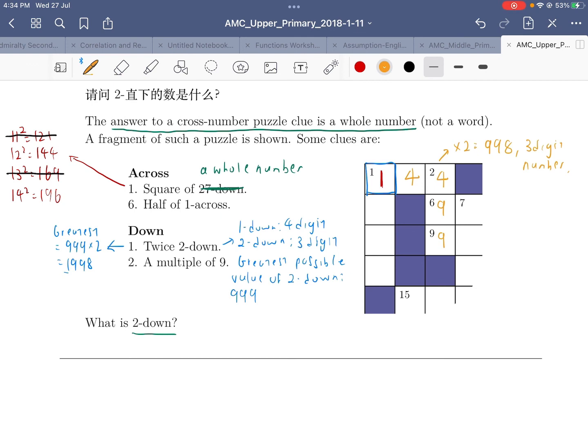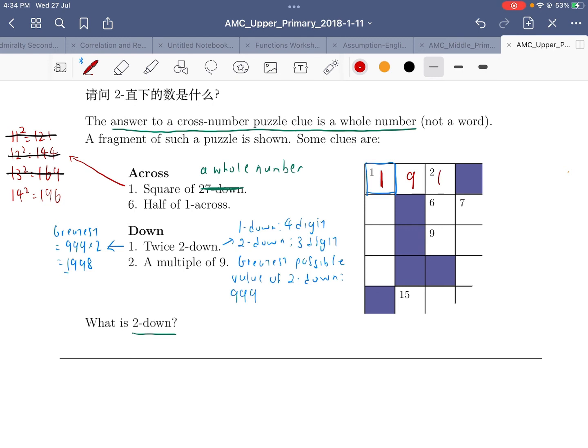So it's impossible for 1 across to be 12 squared, 144. So this is wrong, and hence we can remove 12 squared from our answers. We are just left with 196, which is 14 squared.